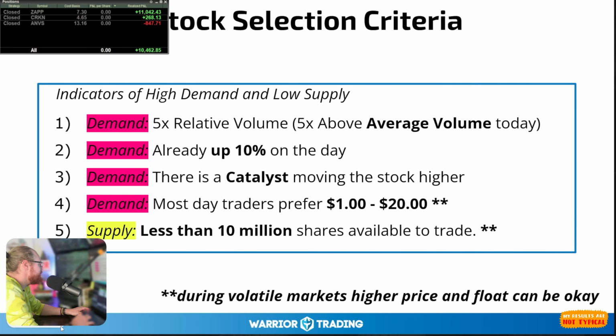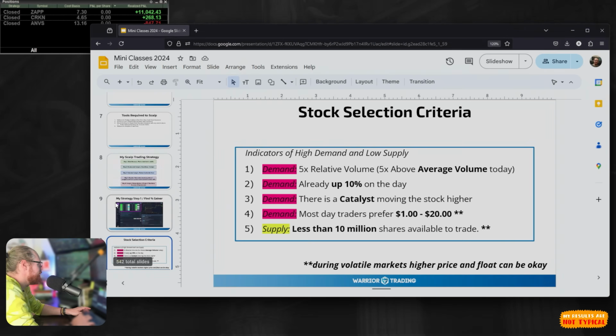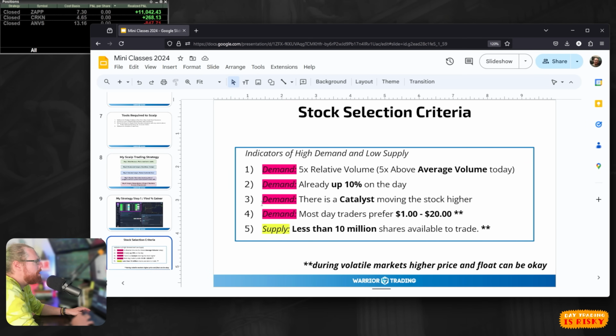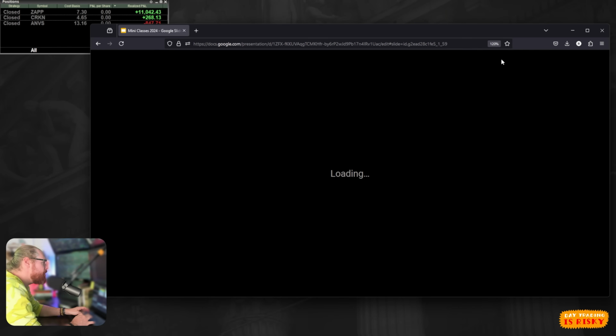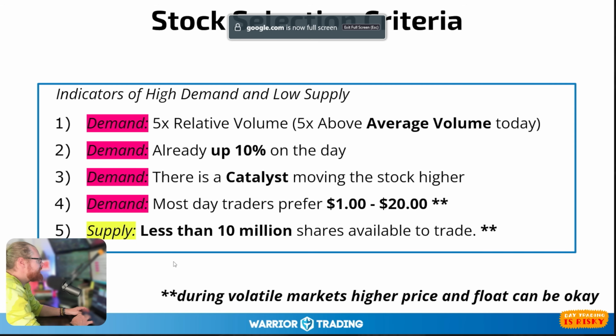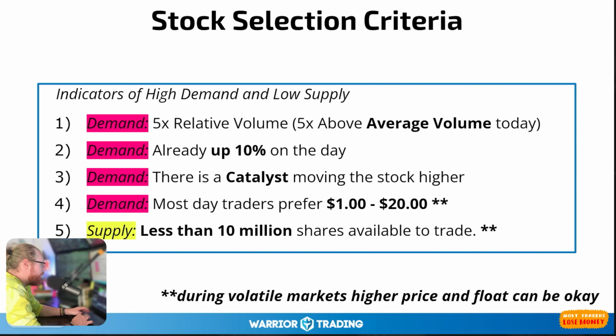Number 3, we like to see that the stock has a catalyst. When we're talking about a catalyst, generally speaking, we're talking about some type of news event. We need to see that the stock has a reason to be moving higher. In the case of ANVS and ZAPP, both of these stocks are examples of continuation where clear catalysts are not as obvious.